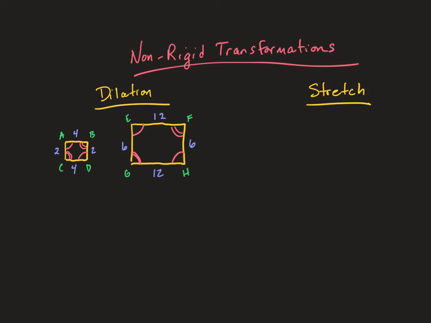Whereas a stretch may be a triangle, and we'll just use that as an example. I have my side length of 2, and then I may have the same triangle, original side length of 2, they're corresponding, but maybe my sides have changed where it has been pulled out.